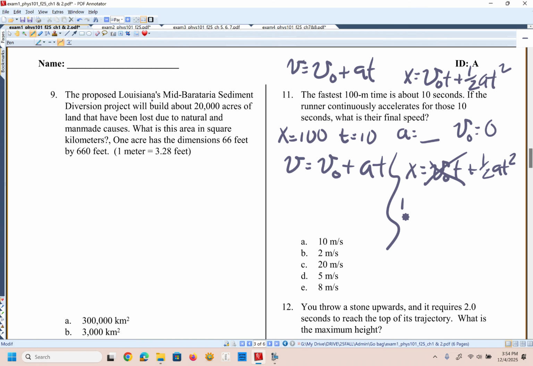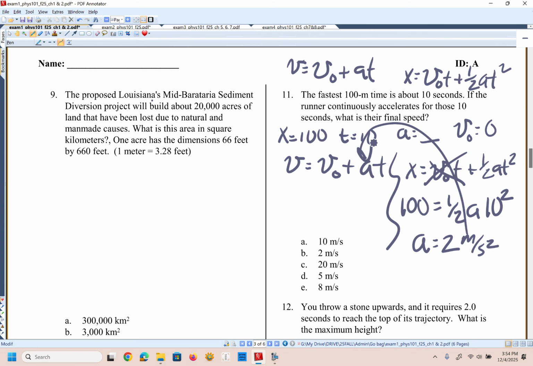And so I get 100 meters equals 1/2 of A times T, which is 10 squared. So A is equal to 2 meters per second squared. And then once I get that, I can plug it in right here and find V. That's 0 plus 2 times 10. That's equal to 20 meters per second. So C is the right answer.